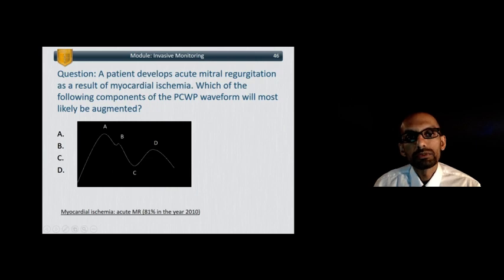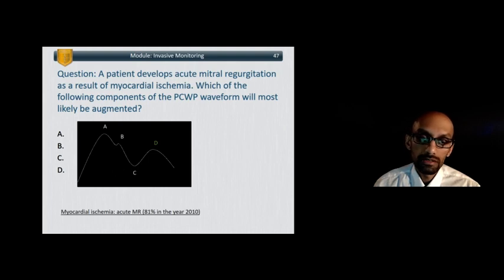Patient develops acute mitral regurgitation as a result of myocardial ischemia. Which of the following components of the wedge pressure waveform will most likely be augmented? In this case, the answer is actually D. And the reason is because with myocardial ischemia, with LV ischemia, you can get ischemia of the papillary muscles, which coordinate the chordae tendineae to coapt the mitral valve leaflets in conjunction with each other, make them synchronous.